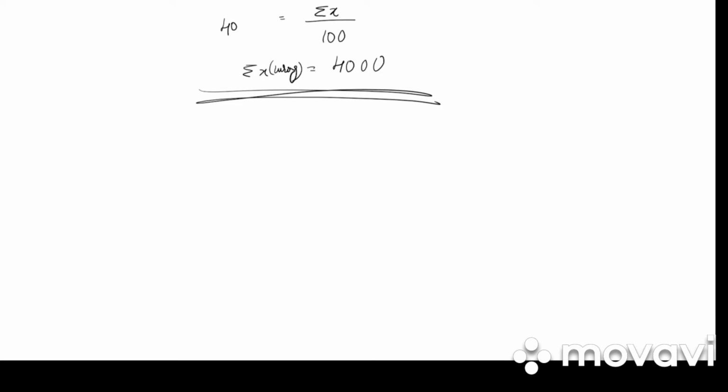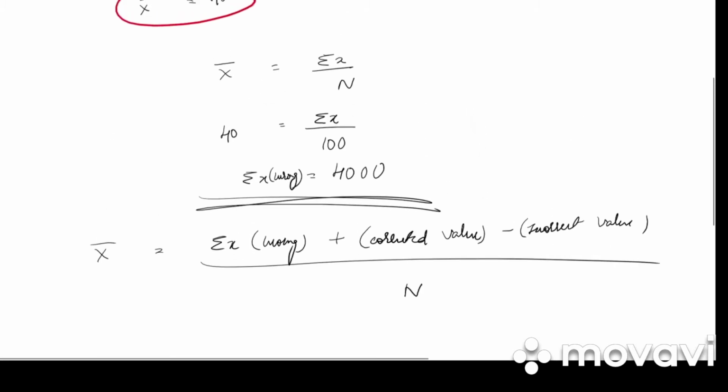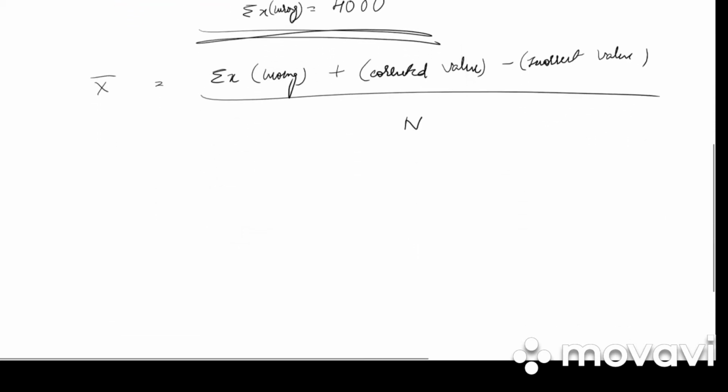So what is the formula now to find corrected mean? It is summation x wrong plus corrected value minus incorrect value divided by n. Do we know x bar in this case? No. We knew the wrong mean. We do not know the correct mean.